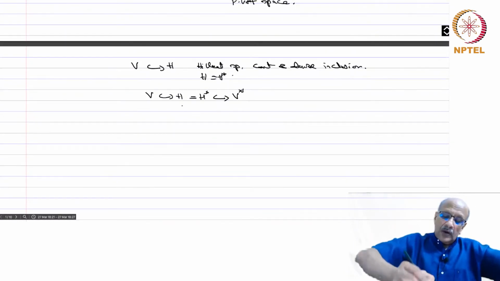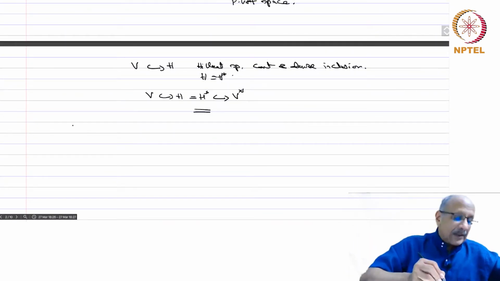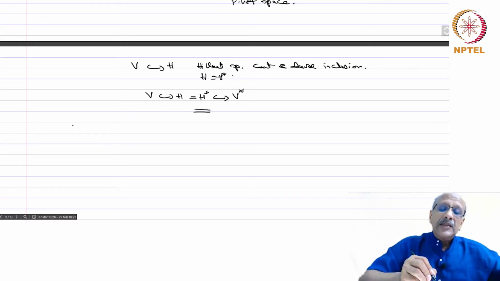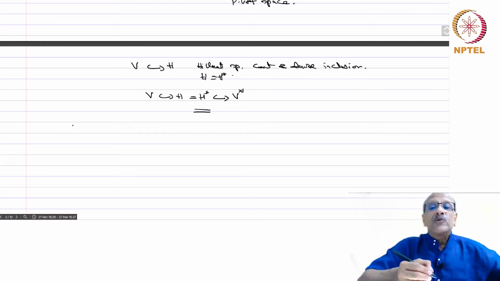Okay, so now one more thing, the presence of P dash in the dual is clear, because we are dealing with LP spaces, and therefore the conjugate exponent will naturally appear in the dual space.